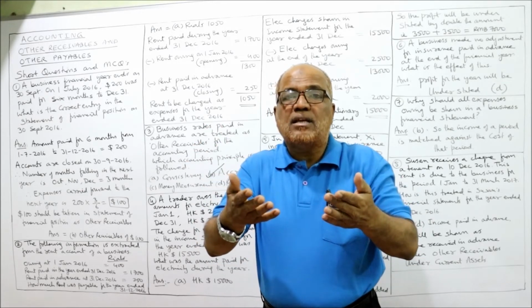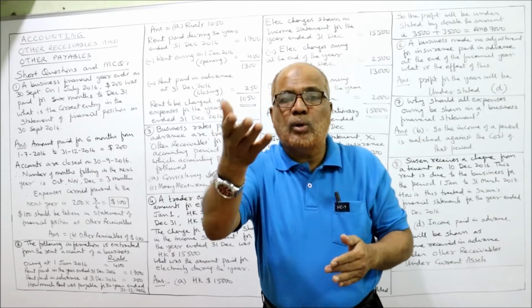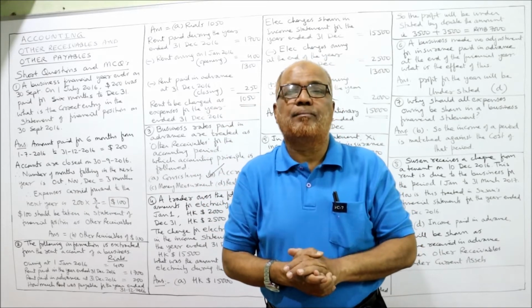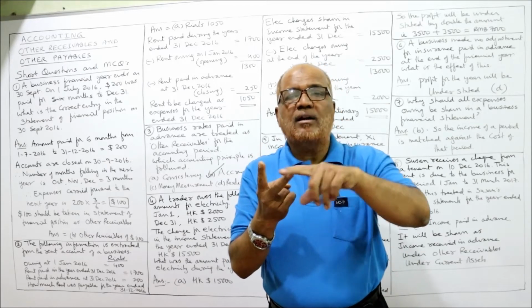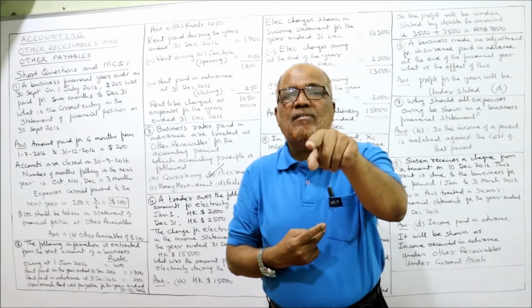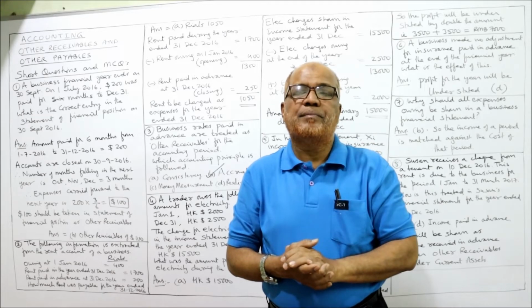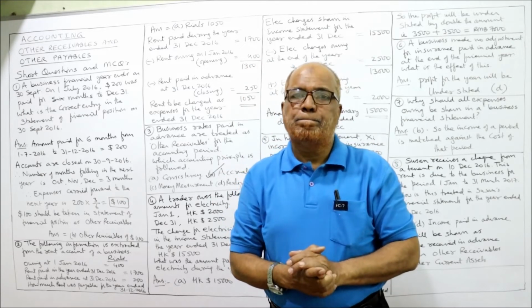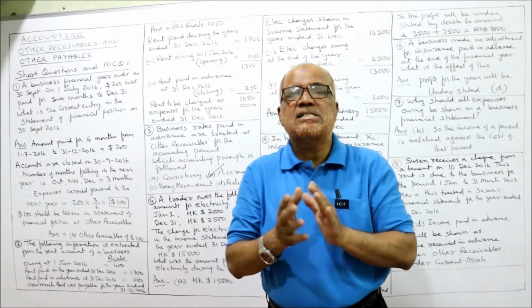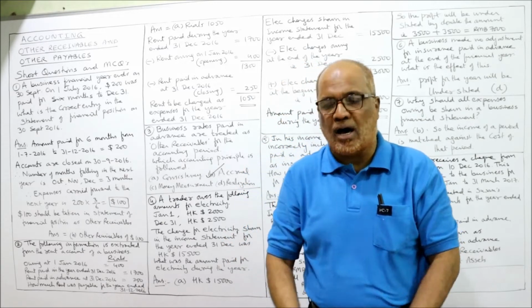By mistake, 3,500 is added to insurance as outstanding. So double effect: 3,500 plus 3,500, 7,000 RMB. This is the amount by which the profit will be understated. The profit will be understated by 7,000 RMB.